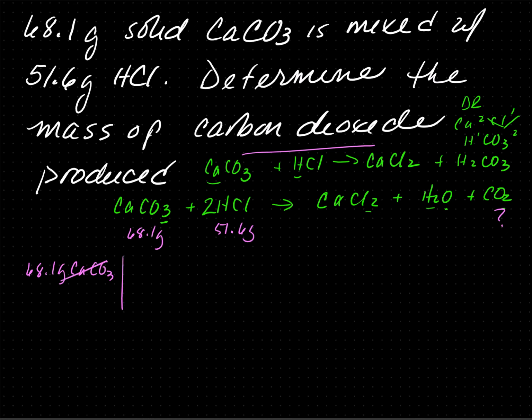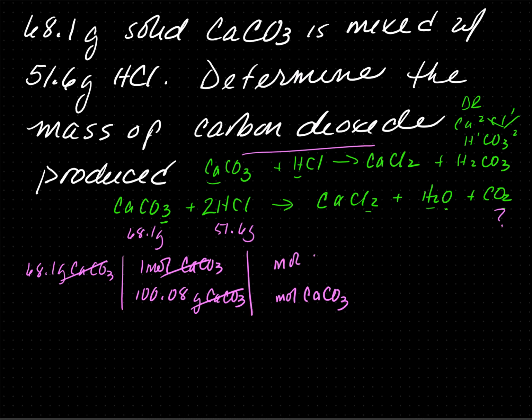Diagonal units have to be the same, so grams of calcium carbonate. Grams of calcium carbonate is 100.08 grams of CaCO3 to 1 mole, molar mass. Moles of calcium carbonate, and we have to convert to moles because we want to go from one compound to a different compound.